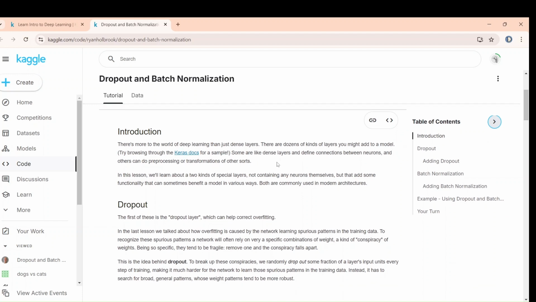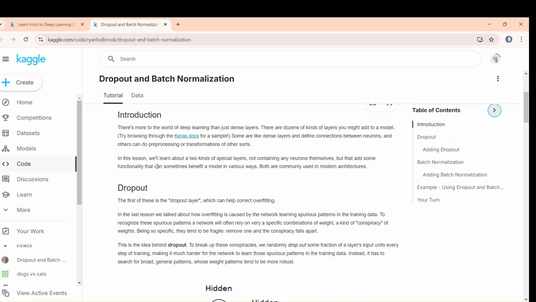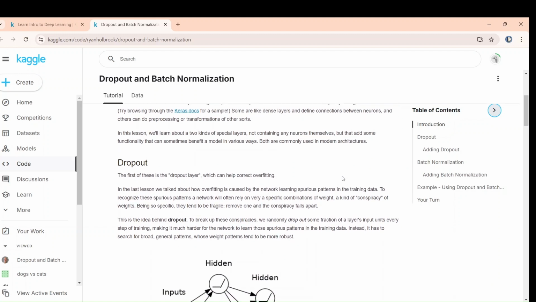Some are like dense layers and define connections between neurons, and others can do pre-processing or transformations of other sorts. In this lesson, we will learn about two kinds of special layers, not containing any neurons themselves, but that add some functionality that can sometimes benefit a model in various ways. Both are commonly used in modern architectures.